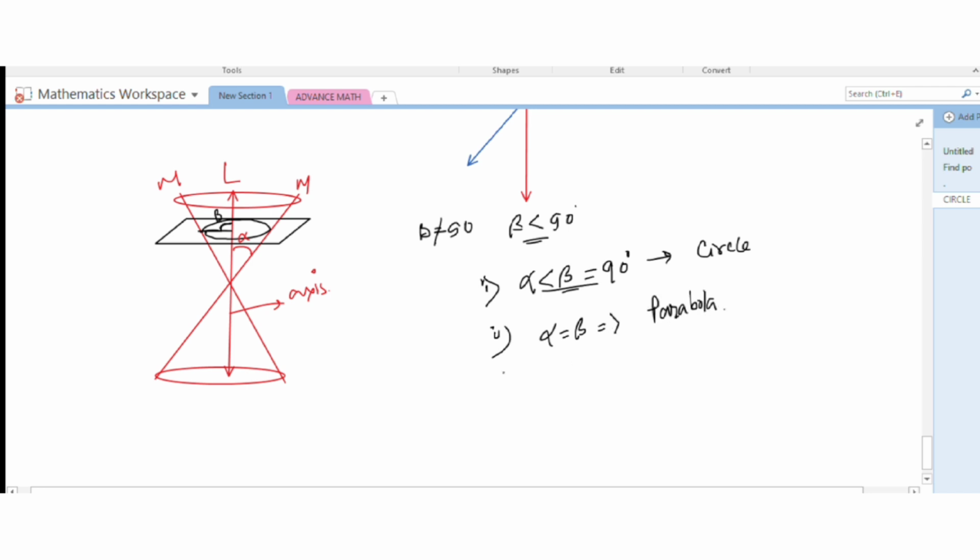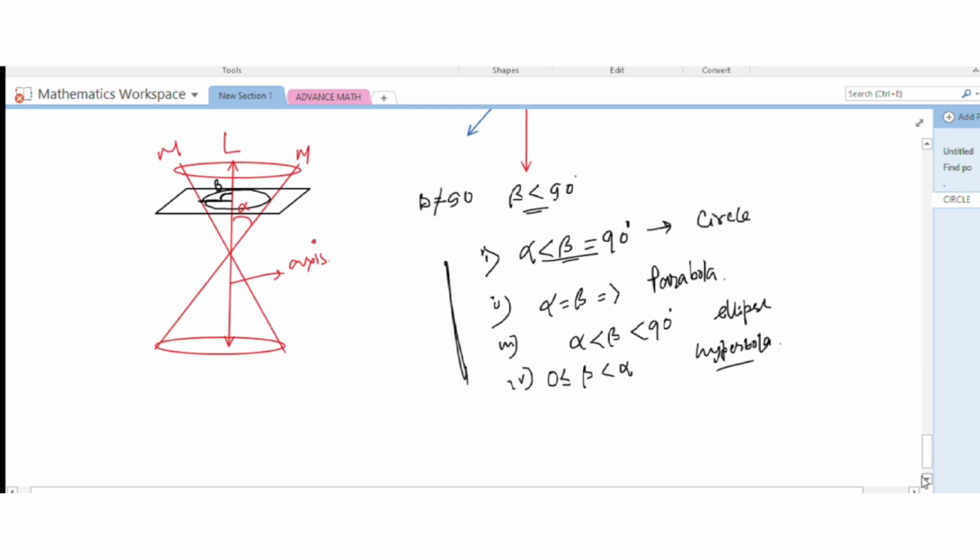If alpha is less than beta, and beta is less than 90 degrees, it will generate an ellipse. If 0 is less than or equal to beta, and beta is less than alpha, that means alpha is greater than beta, then it will generate a hyperbola. We have one cone and one plane, so a plane cuts the double napped cone at an angle beta, and there will be these 4 possibilities.